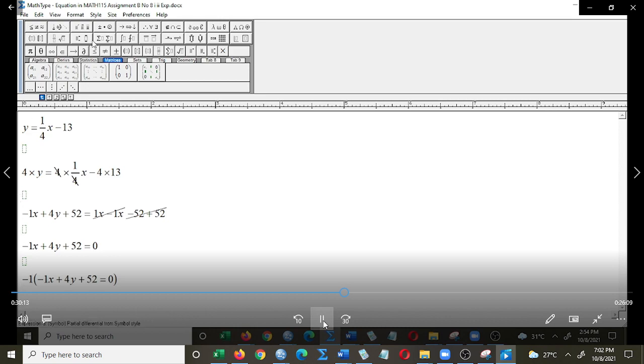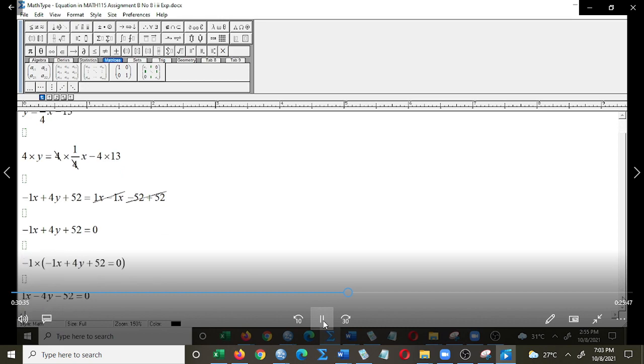We multiply by negative 1 so that we have a positive 1x, negative 4y, and negative 52. Please take note of that.